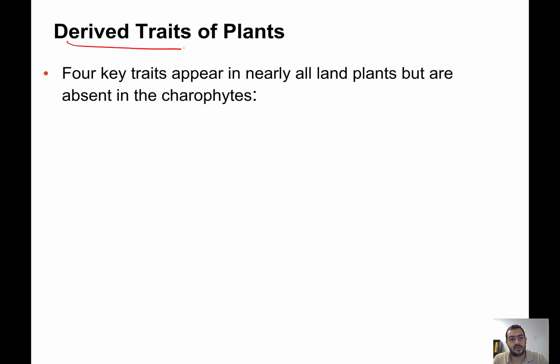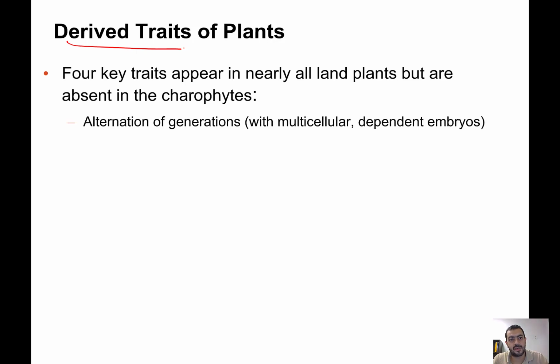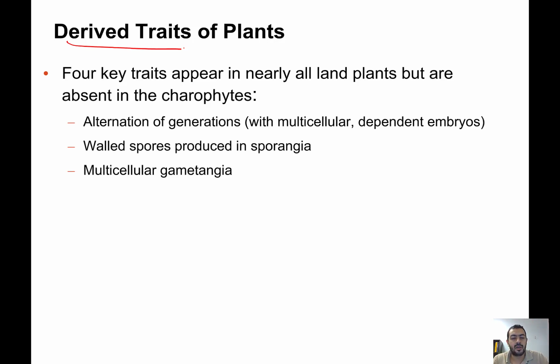And these traits are actually 4 traits. Number 1, the alternation of generations. Number 2, having walled spores produced in sporangia. Number 3, the presence of multicellular gametangia. And number 4, the presence of apical meristems.